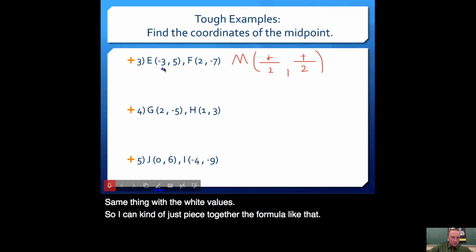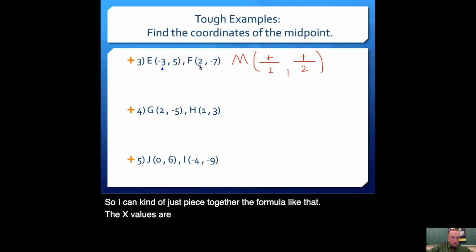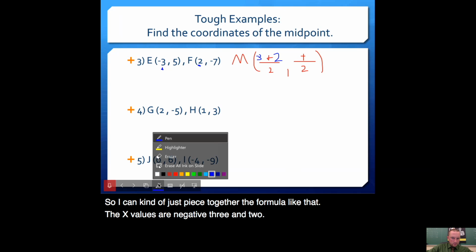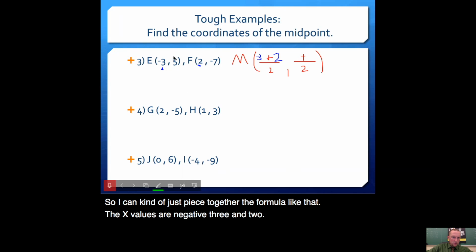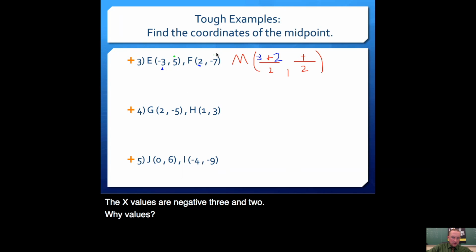The x values are -3 and 2. Y values are 5 and -7.